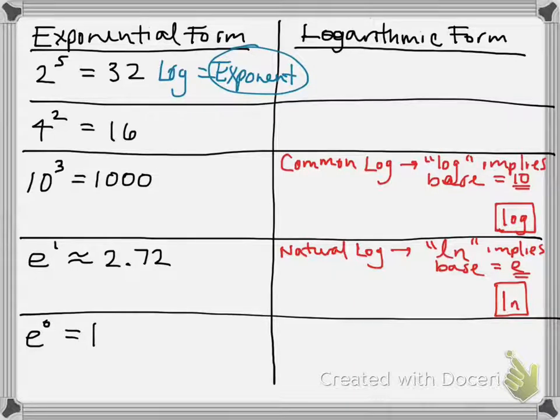All right, so on the left it says base 2 raised to the 5th power equals 32. And I kind of go in a circular pattern like this. So I would write log, and then I need my base, which is 2. So log base 2, that's going to be a little subscript down there.